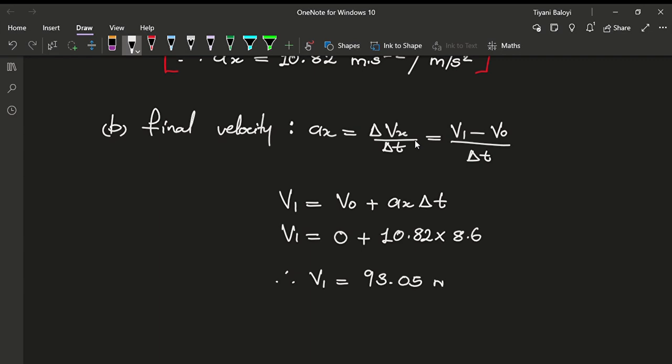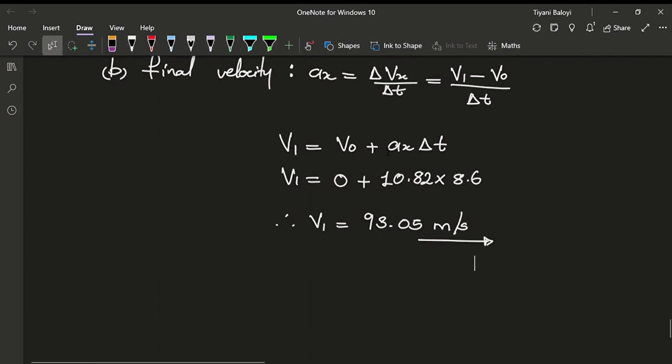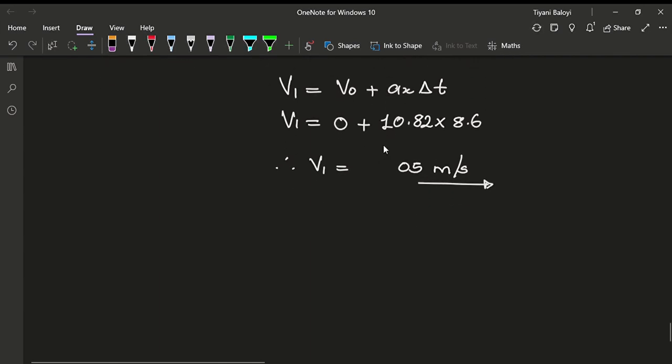I like to write it like this. So that's our final velocity. Let's fix this so it's much better. Yes, 93.05. So we calculated our final velocity.